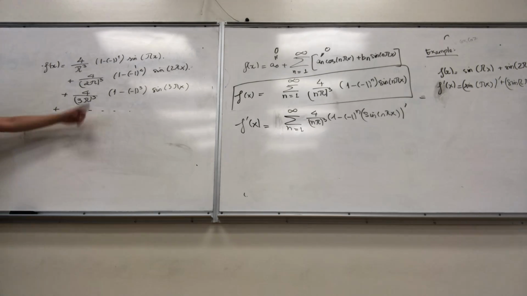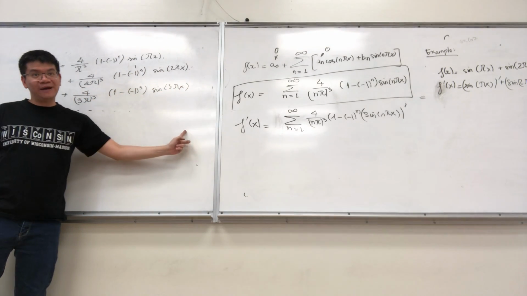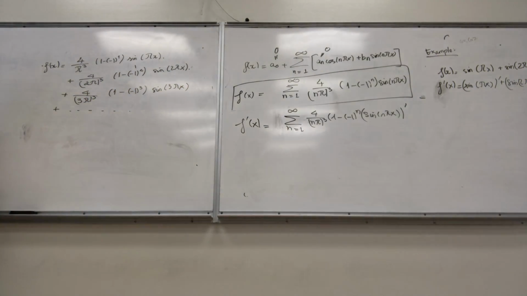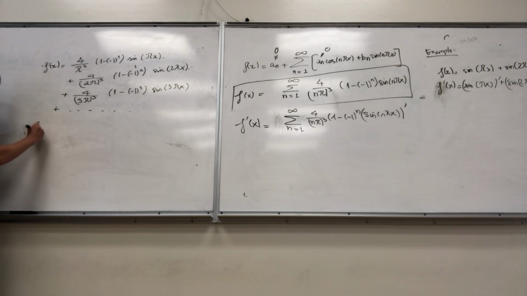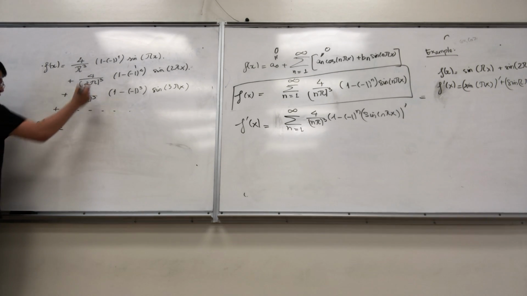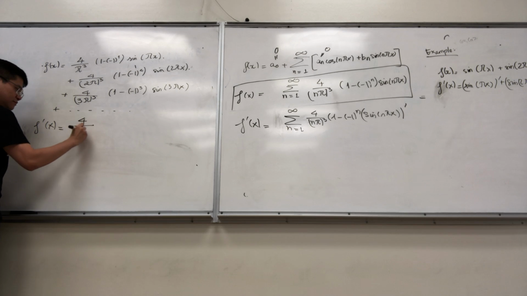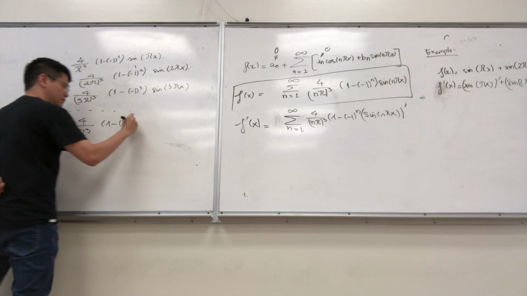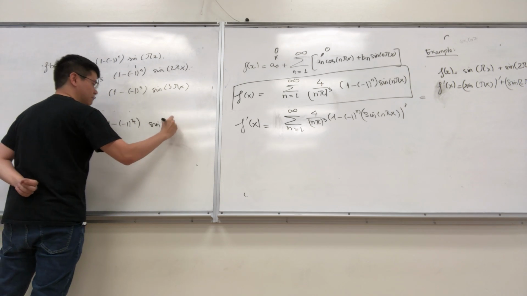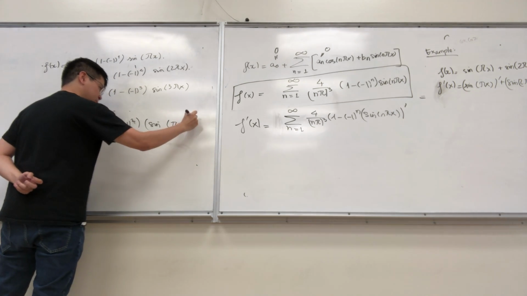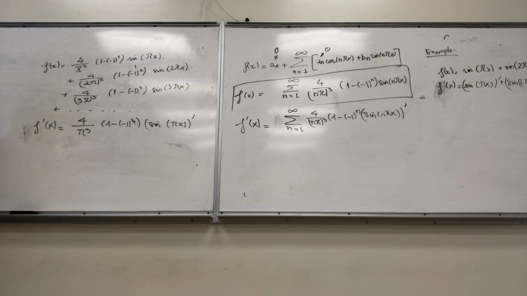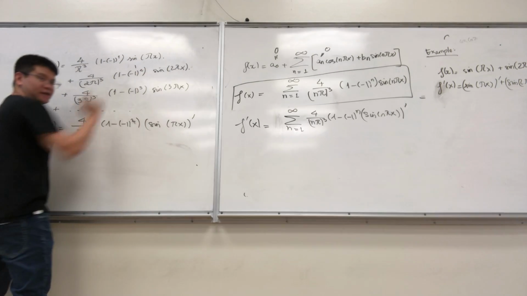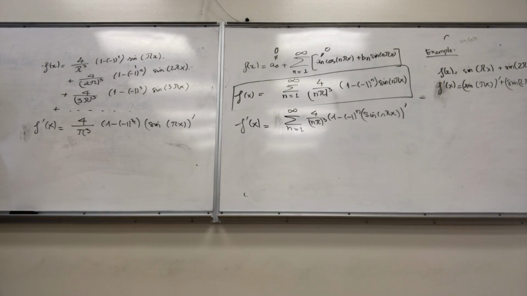So here I have a sum of all of the functions of x. What I do to take the derivative is to take the derivative of each term. So I have 1 minus (-1) to the power 1, sinus of pi x, prime. I'm going to take the derivative of this term, because you have just a sum of all of the sinus functions, right?